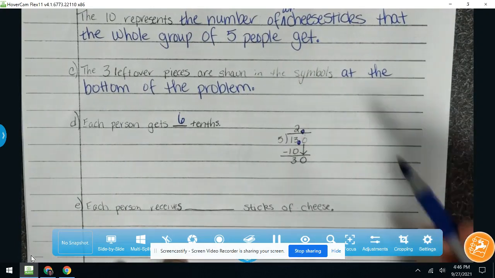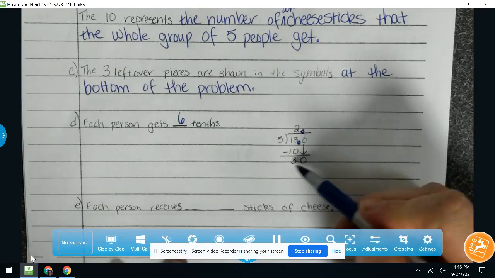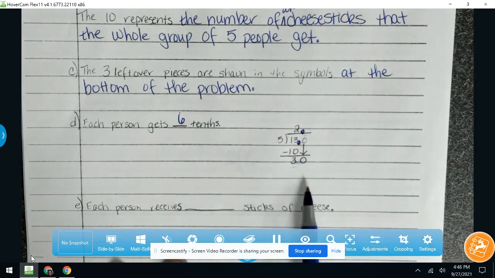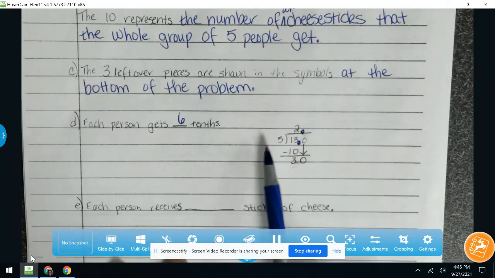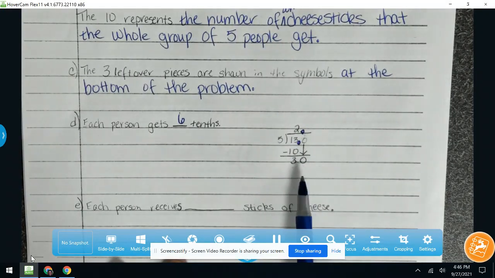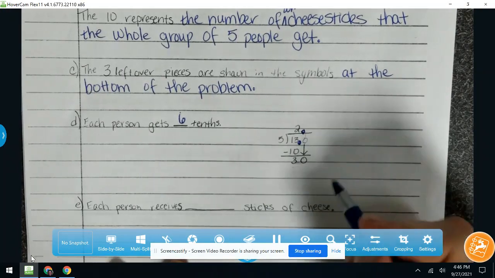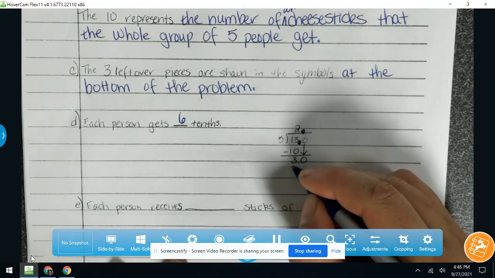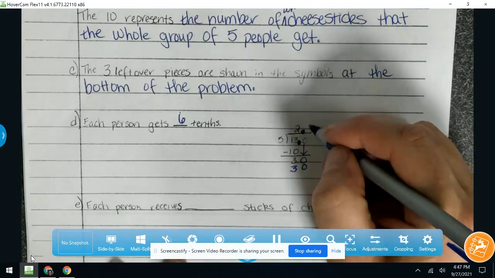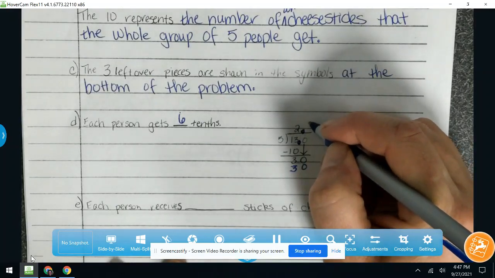And again, I know this here because if I have 30 right here, I'm thinking to myself when I do the long division, how many 5s do I have in 30? Excuse me, 6 times 5.